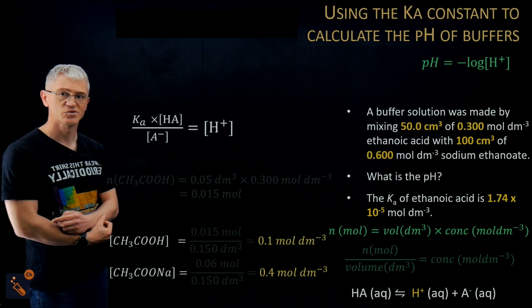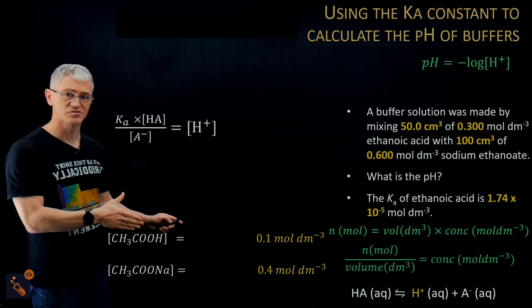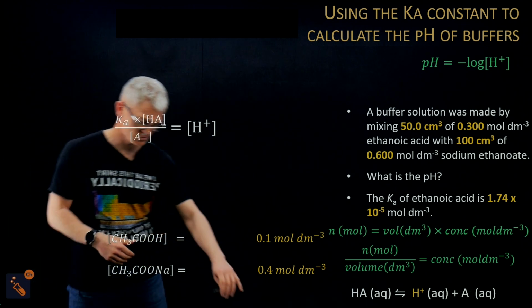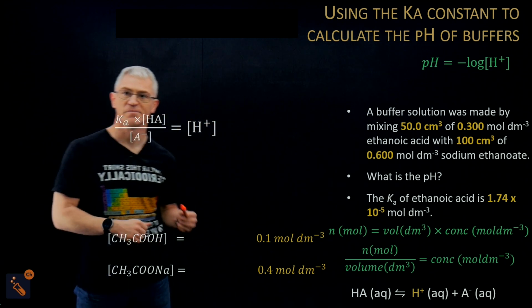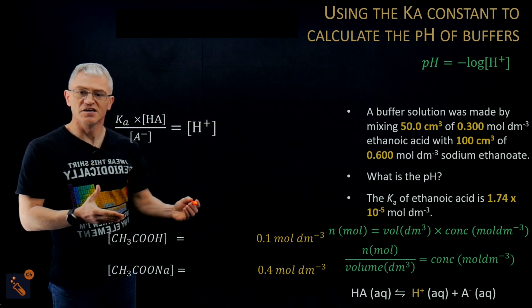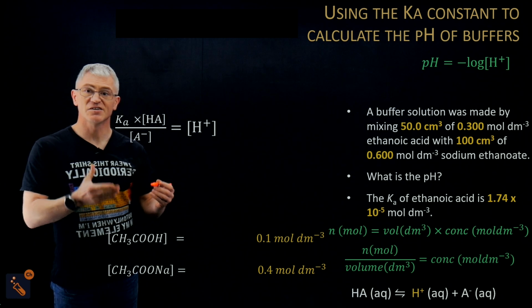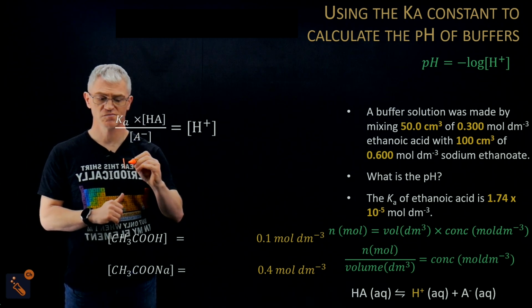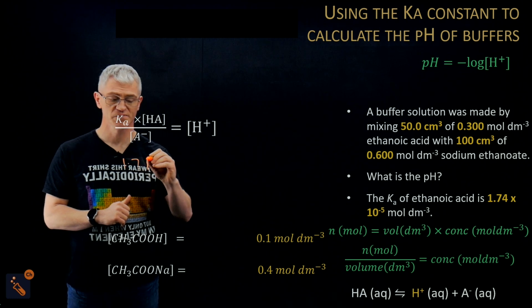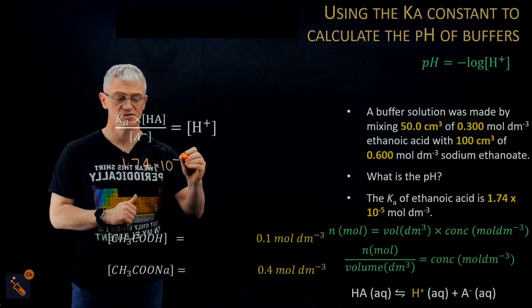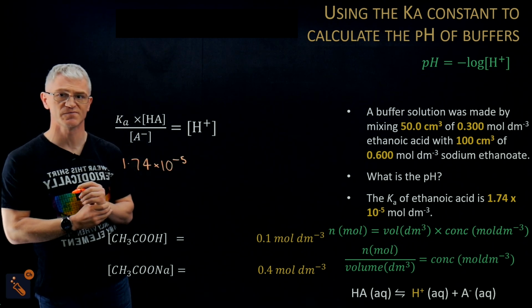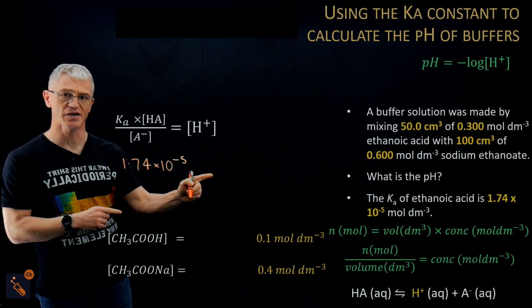Now let's move that out of the way. We've just kept our concentrations, so we can put them into our actual calculation. This is where I'll come in with a pen. What we've got here is Ka, which is 1.74, sorry, times 10 to the minus 5, and we got that from over there.